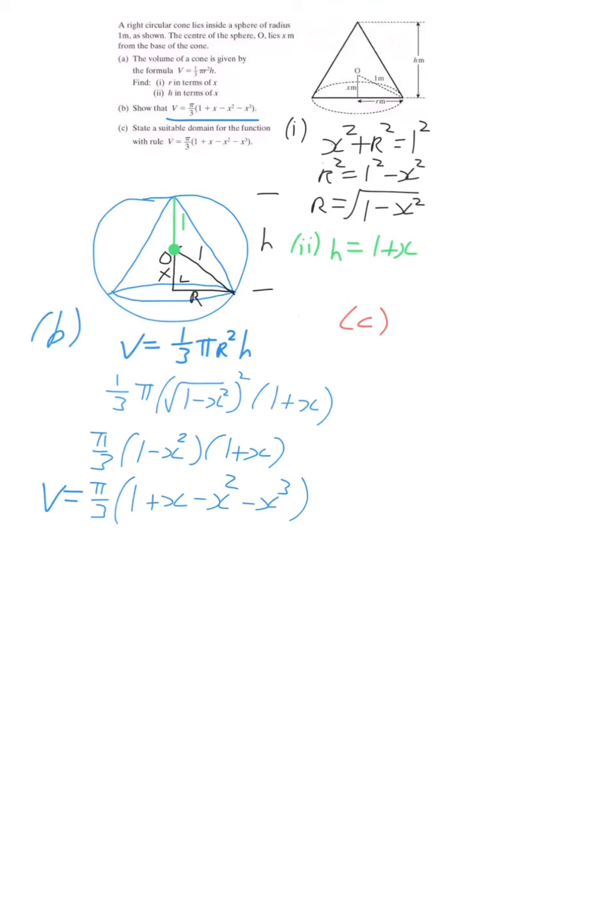So x cannot be greater than the radius. Likewise, x cannot be 0, because we're told that x is a value. So then, if x has to be between 0 and 1, the domain is simply going to be greater than 0, less than 1. And that then is our domain.